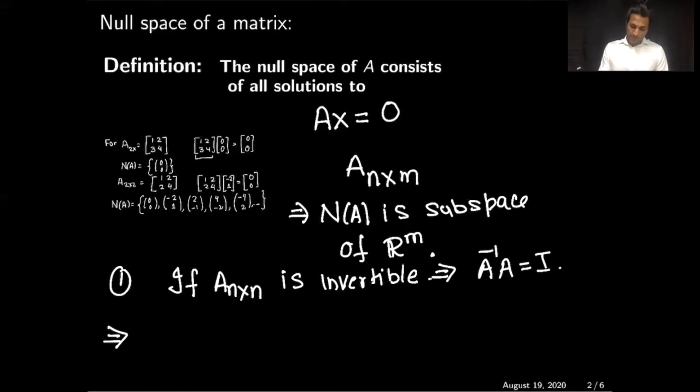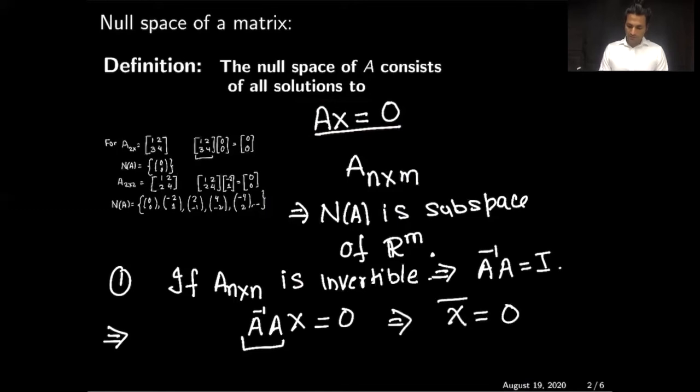So if I multiply the equation of the null space on both sides by A inverse, A inverse times A turns into the identity matrix multiplied by the column vector X, which produces X equals 0. So this is an interesting observation.